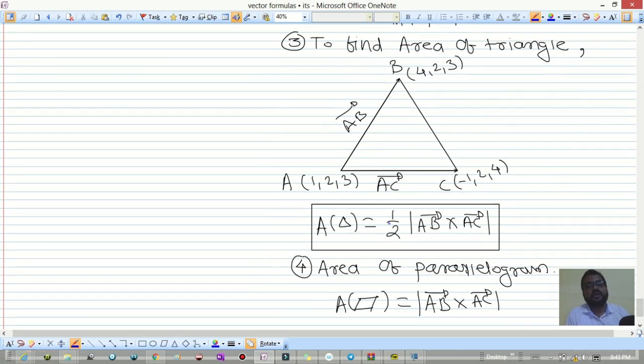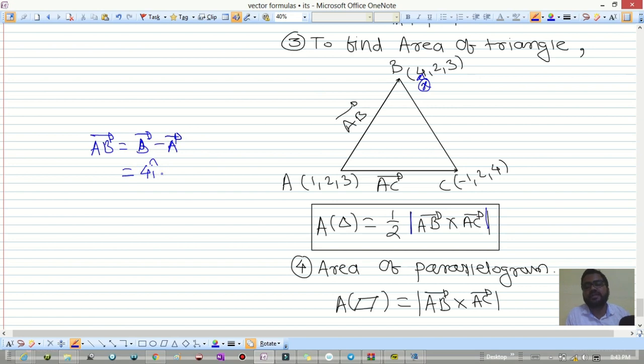See here, 1 by 2 magnitude of AB bar cross AC bar. Now how to find AB bar? AB bar is nothing but the final B bar minus initial A bar, right? Final position vector we have is 4i hat. Why do I consider 4i hat? Because the x component is given, that is 4.